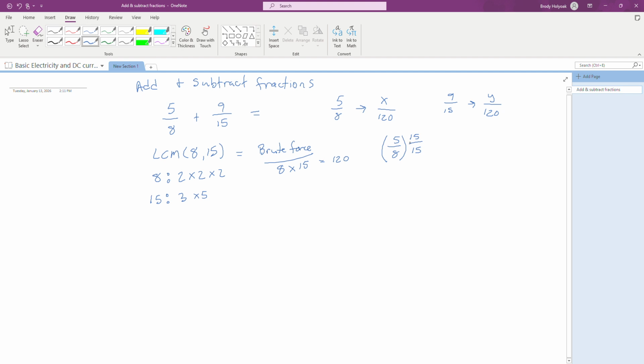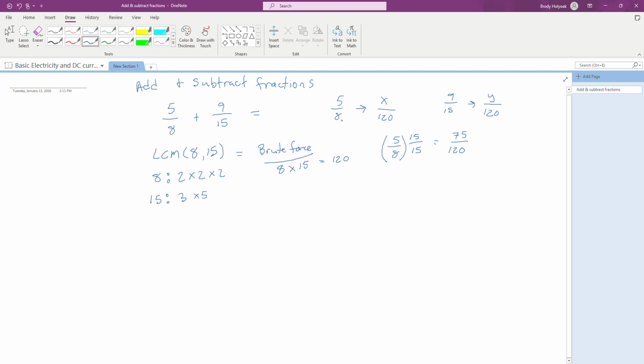We're just modifying it to be a different base. We'll reduce out to the same thing. So we have 15 over 15 times 5 over 8. And so what we end up with is 15 times 5 is 75, and 8 times 15 is the 120.